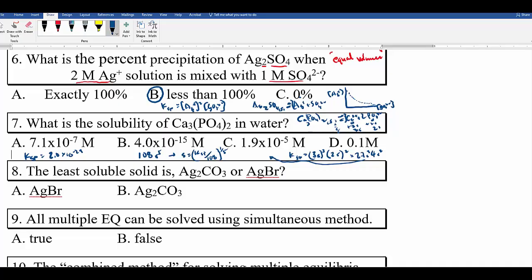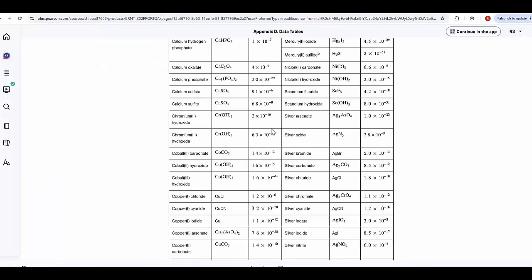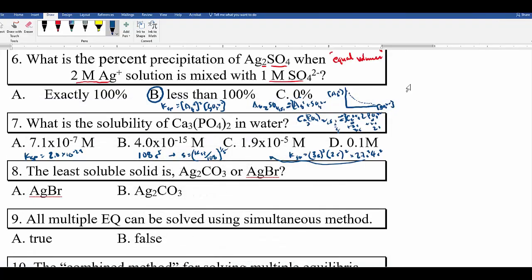2.0 times 10 minus 29. All right, so I'm going to just plug it in there. So 2 times 10 minus 29 divided by 108 equals, and then I'll take the 5th root, the 1/5 power.